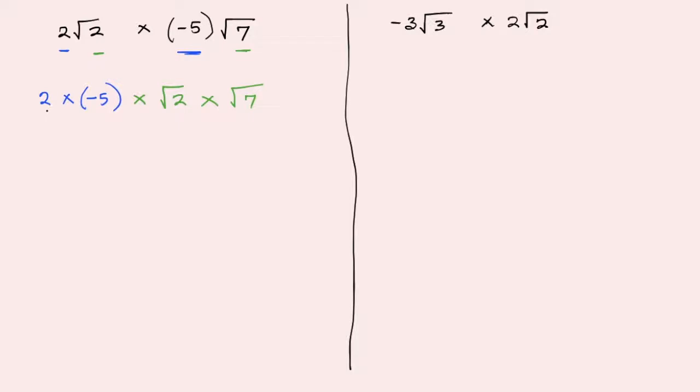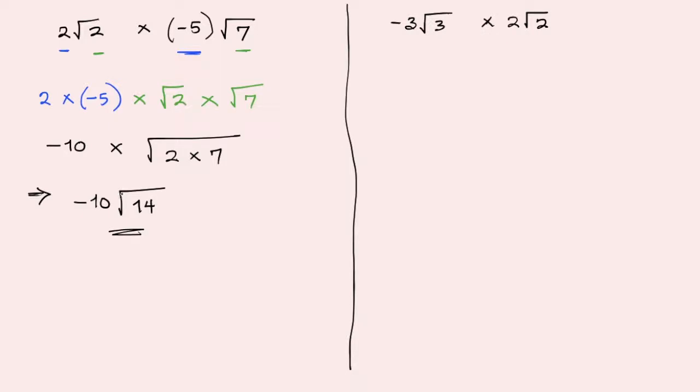So 2 multiplied by minus 5 is minus 10, and we can combine this to be the square root of 2 multiplied by the square root of 7. And so our final answer in this case is minus 10 root 2 times 7 is 14.